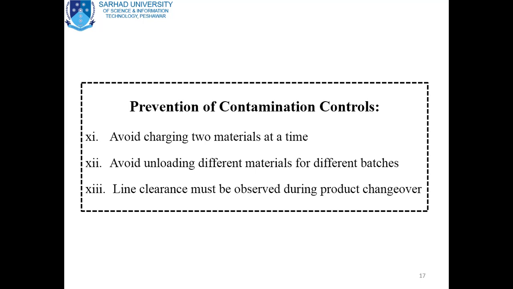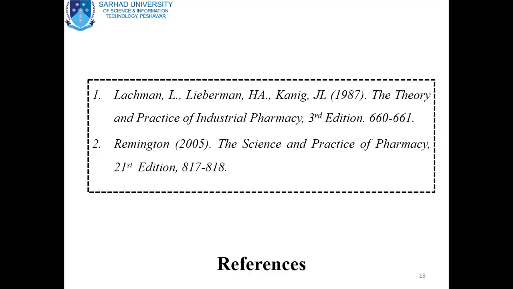If one product is completed, then each and every piece of equipment used for that batch should be properly checked for line clearance, so that no particles from the previous batch remain. The equipment or machine should be thoroughly cleaned, and the line clearance should be keenly observed in order to avoid any contamination.